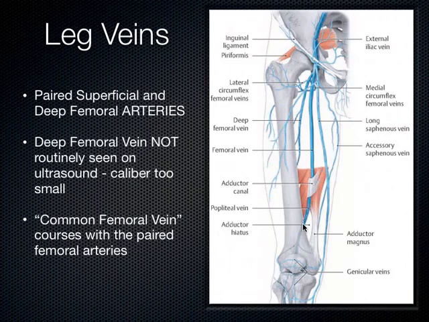And then it pops out of that canal and goes behind the knee and turns into the popliteal vein. Okay, so it courses down here, starts off as the common femoral vein, and then there's a little deep branch, the profunda, the deep femoral vein that goes down. It's a very small caliber vein. It's not of that much clinical significance usually.